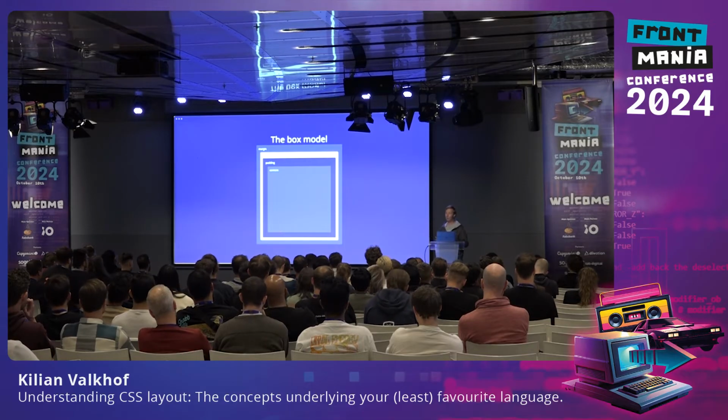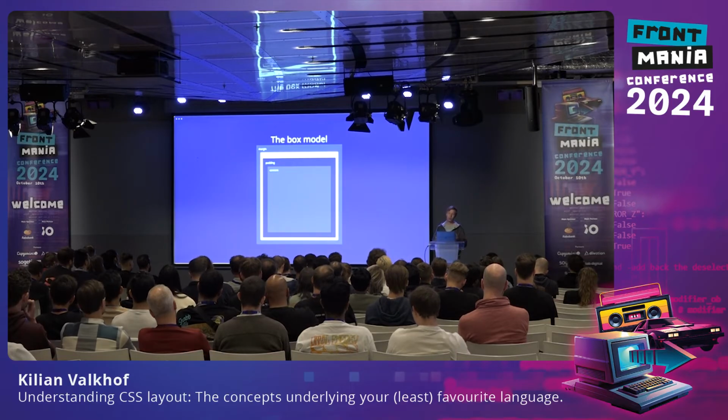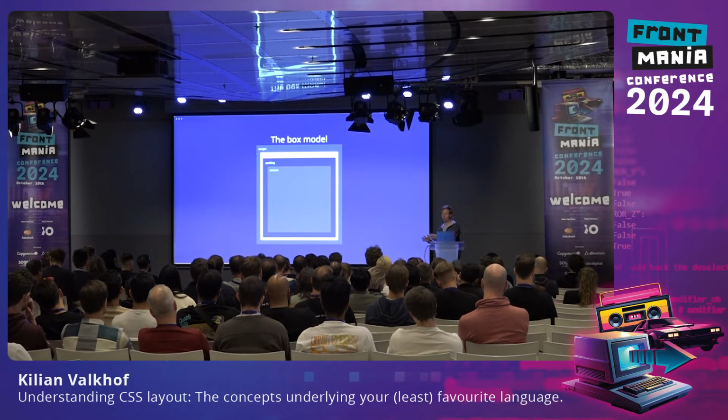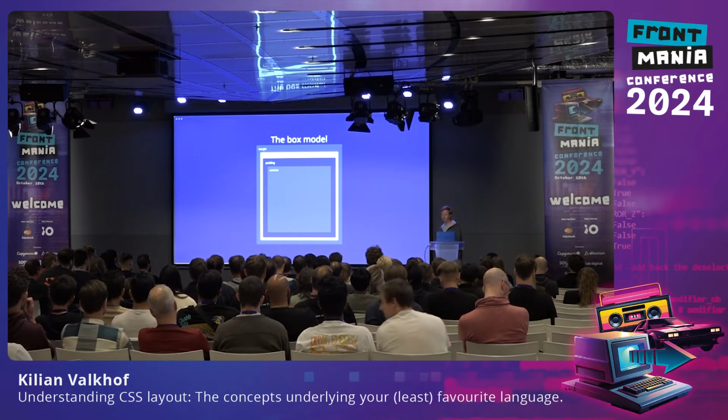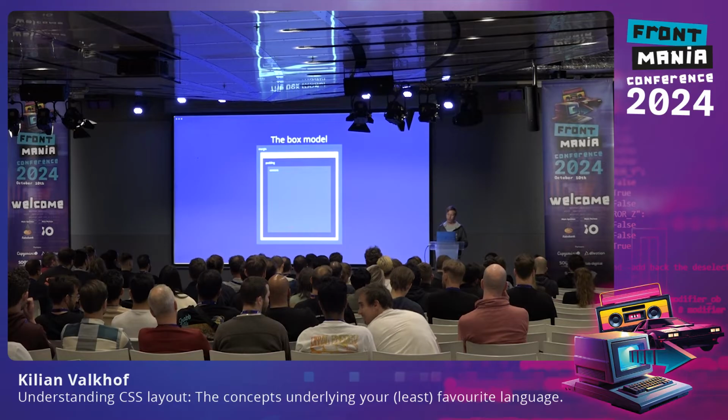You've probably seen this before. So a box in CSS actually consists of a few different areas. Now, for stupid browser reasons, there are two models when it comes to determining the size of the box: content box and border box. One of those is the default, and the other one makes sense. It's just how it works.